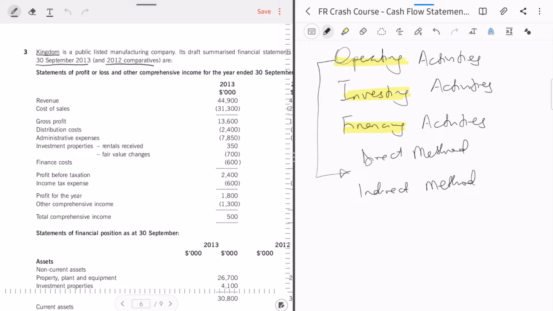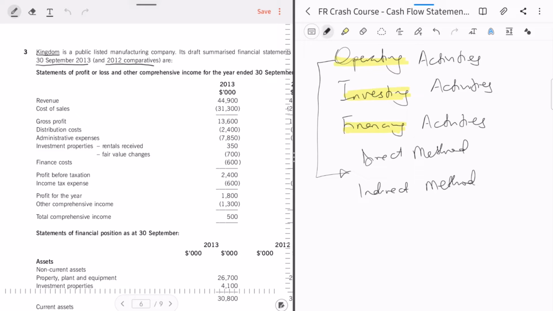What I've seen is they ask you to prepare indirect, and then maybe in part B they ask you to prepare the operating activities section using the direct method, just for the examiner to award minor marks. But I'm yet to see a full-blown cash flow question that was purely on the direct method, right? So you have a 98%, let me even give some margin of error, you have a 95% chance of having an indirect method question as opposed to a direct method question.